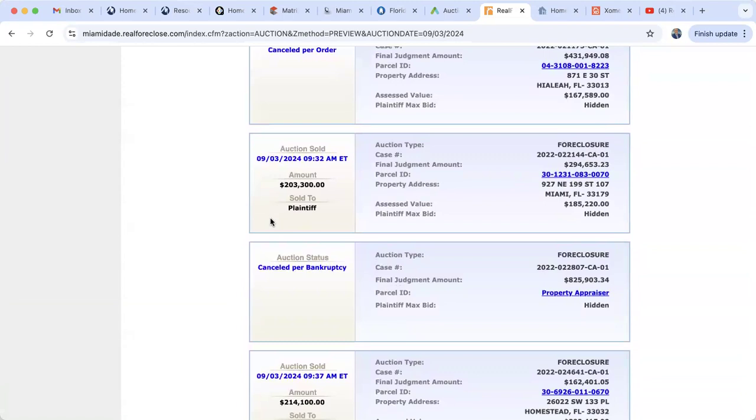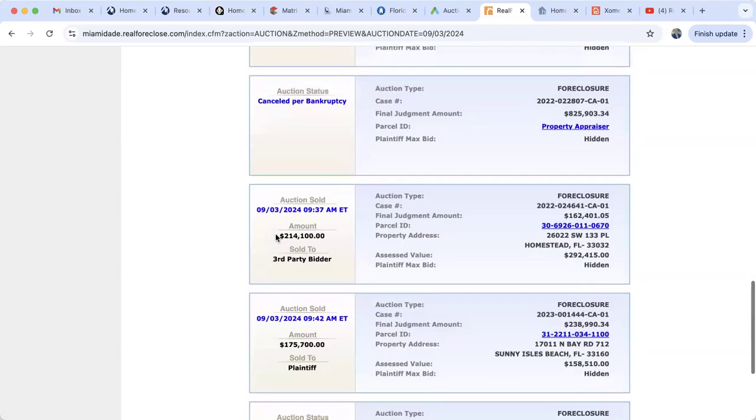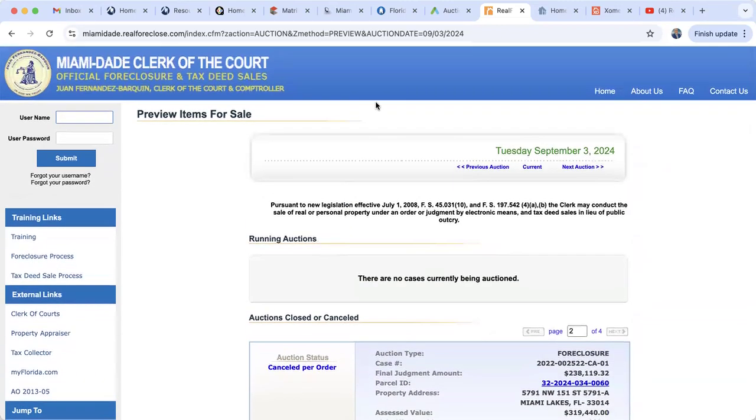So when you are bidding on a website like this, your increments increase by $100. So if you're in competition against other investors, your next bid is always going to be $100 more. That's why you see prices like 203,300, not just 203 flat. So it's always going to have some type of pricing like this. A third-party bidder won this one at 214,100. So that's one website, guys.